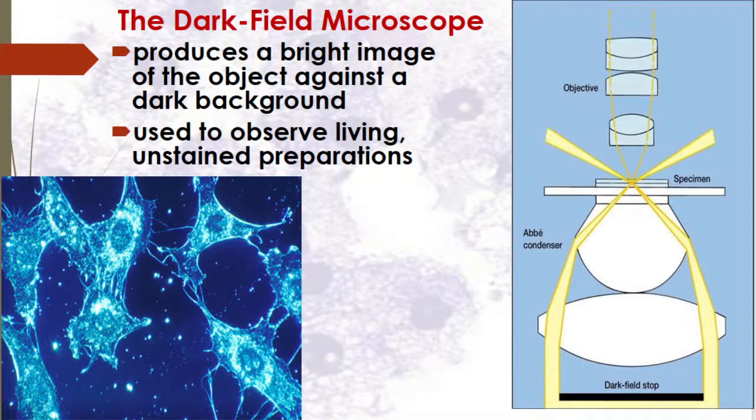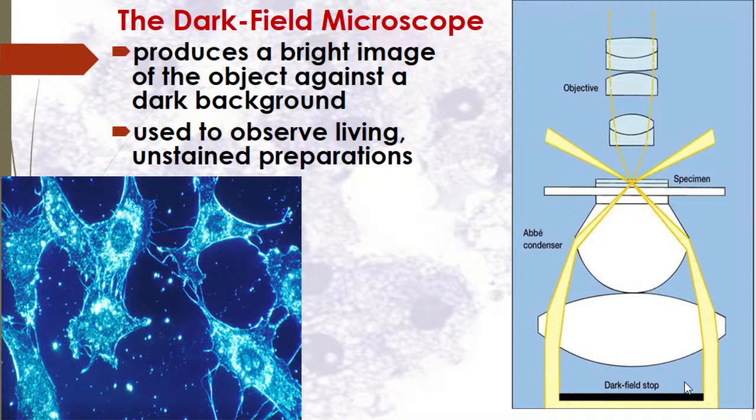Shortly describe these methods. The first is dark field microscope. It produces a bright image of the object against a dark background. Look at this one. Used to observe living unstained preparations. Very famous now, because not all laboratories can buy the modern, very expensive histological and histochemical stains.